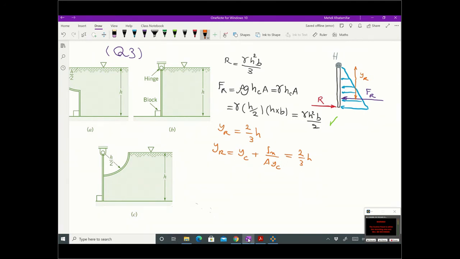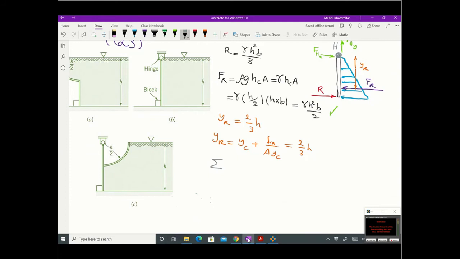Then we are going to find the moment about H. Why about H? Because we have this force H in x direction and force H in y direction. We want to get rid of those. So summation of moments about H must be 0.